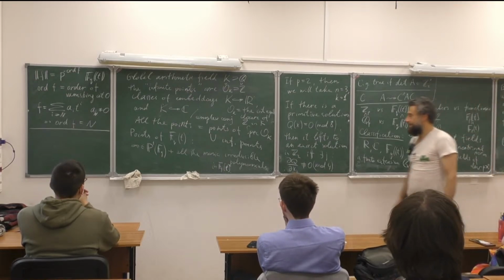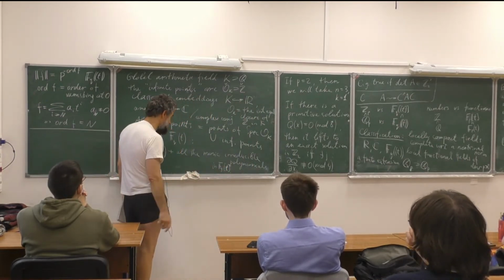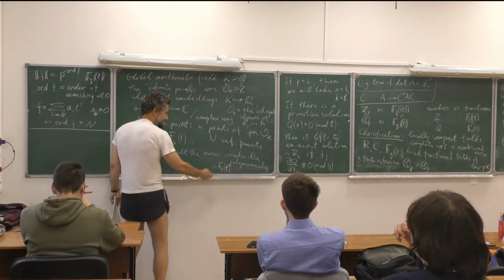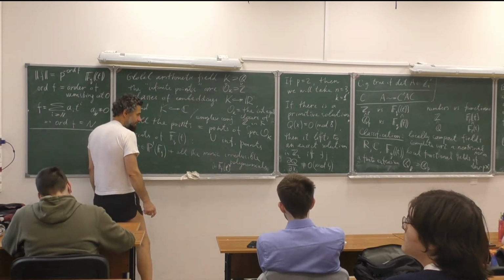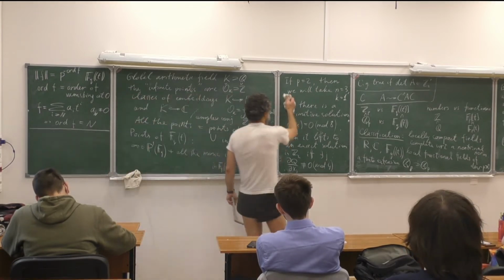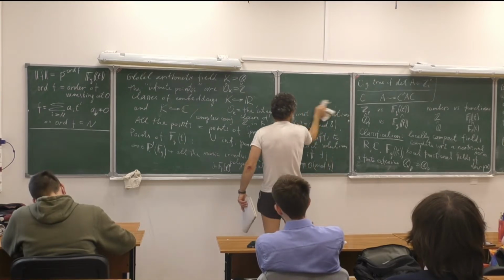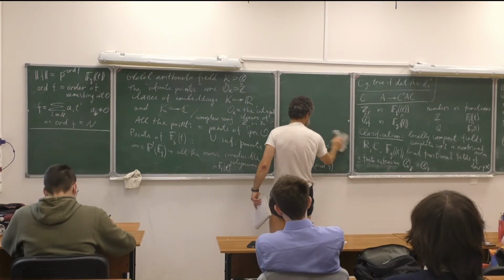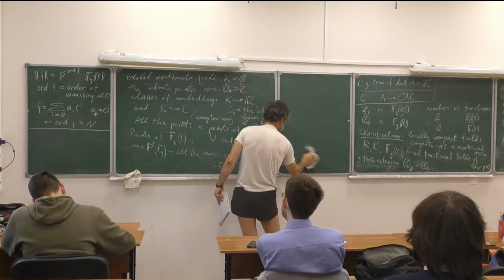But since the finite field is not algebraically closed, it's more interesting. But in a sense, you can reduce to the algebraically closed case, namely, you can first extend scalars to the algebraic closure of the finite field.